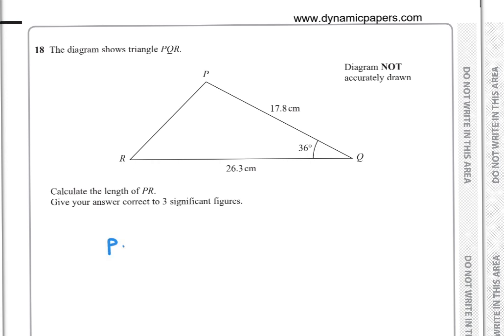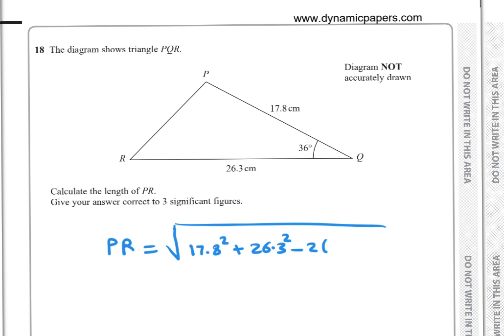So BR equals the square root of 17.8 squared plus 26.3 squared minus 2 times 17.8 times 26.3 times cosine of 36, which equals 15.8 centimeters to 3 significant figures.